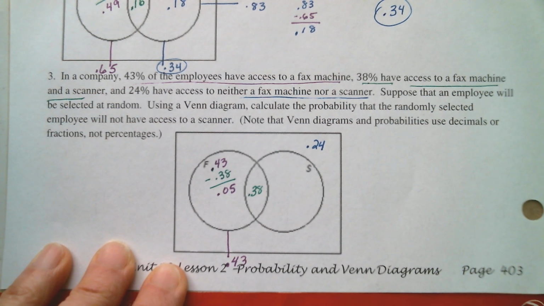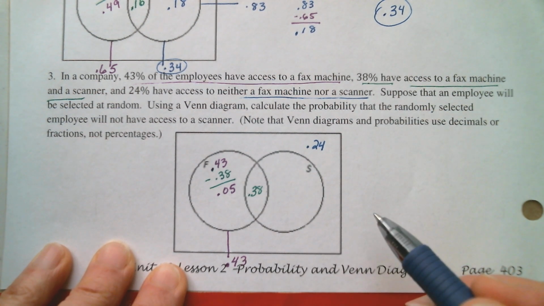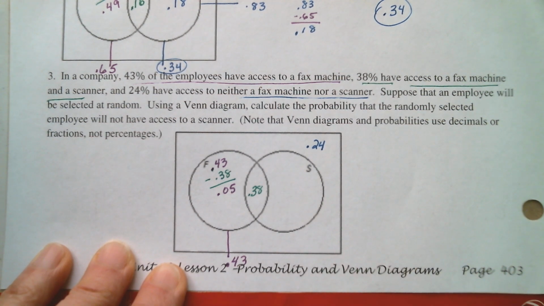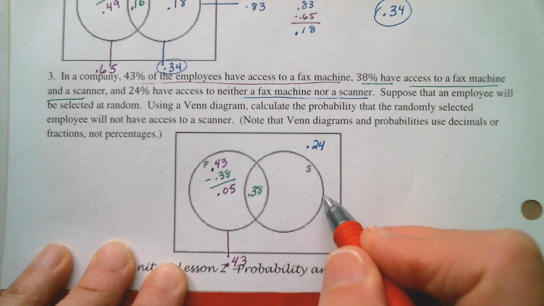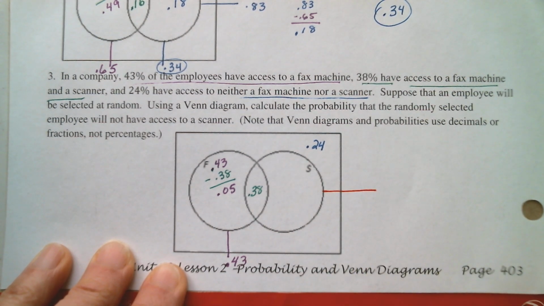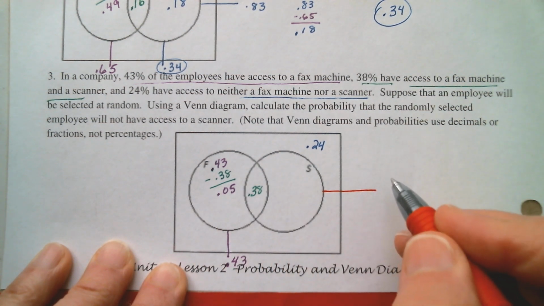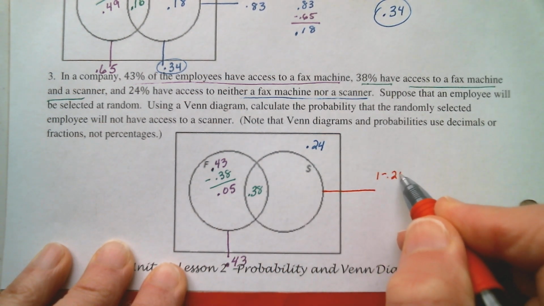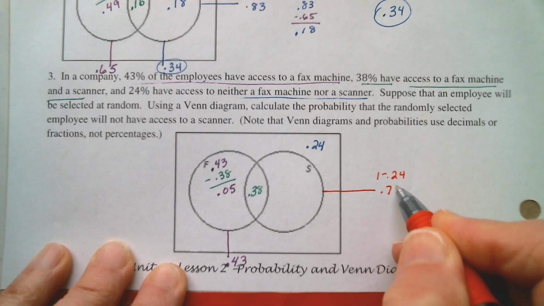And now the same thing as I did in number 2. That means that this piece here, go with this. The whole thing, both circles together, would have to be equivalent to 1 minus 0.24, which is 0.76.